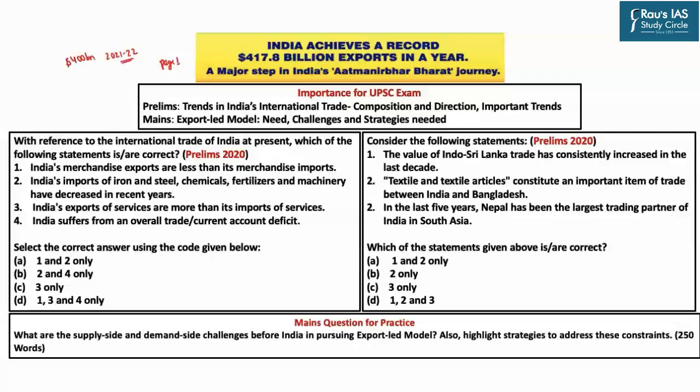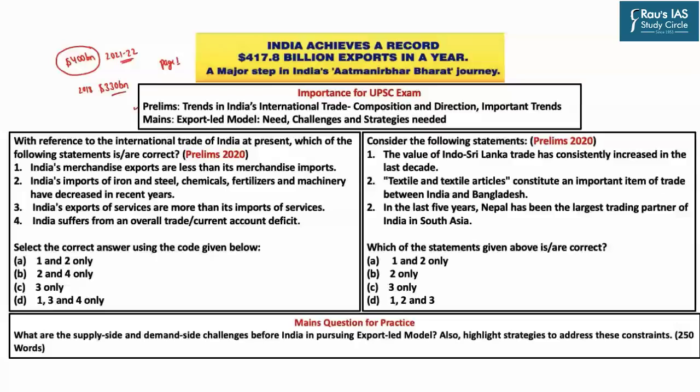The highest ever exports registered prior to this was in the year 2018, when the exports had touched an all-time high of $330 billion.